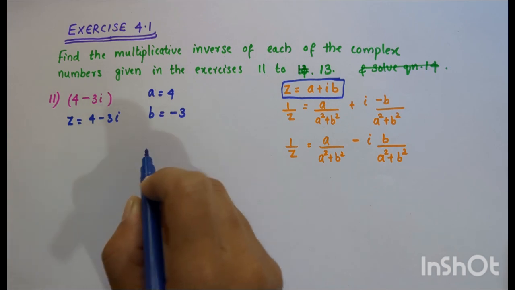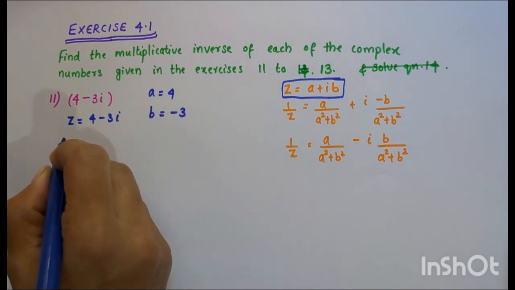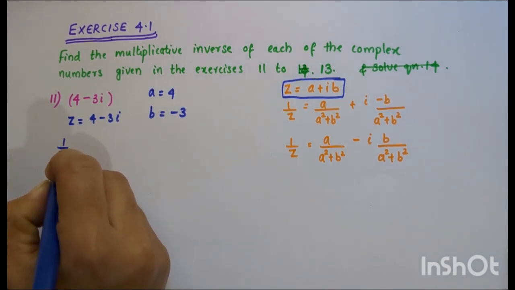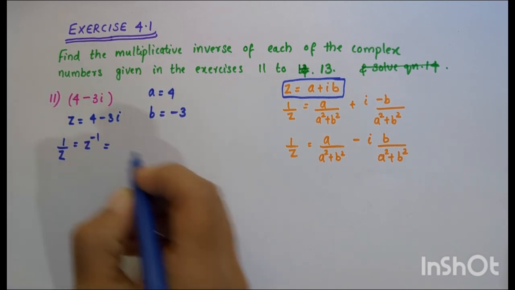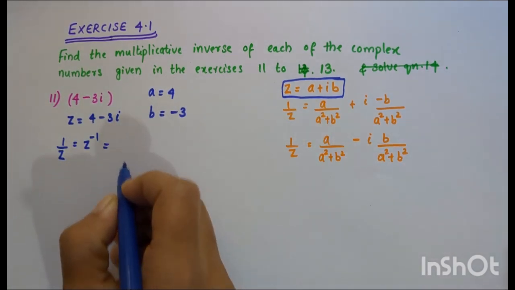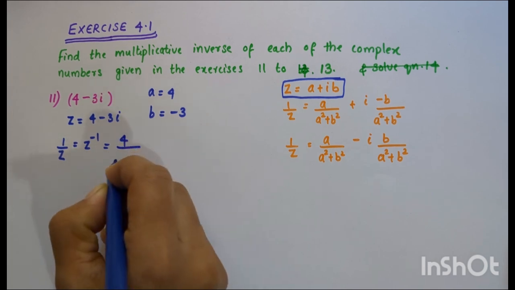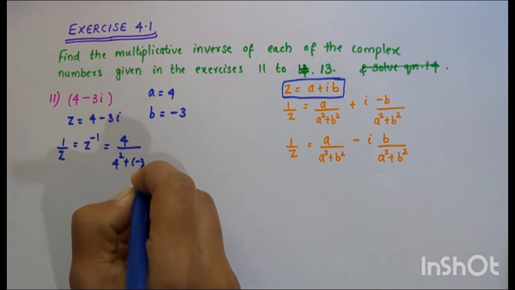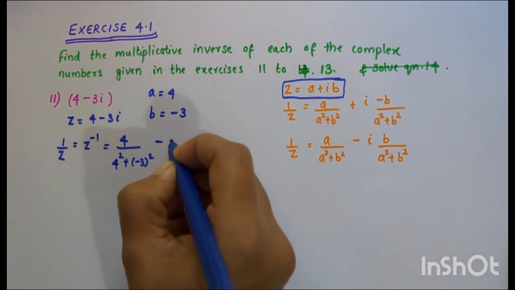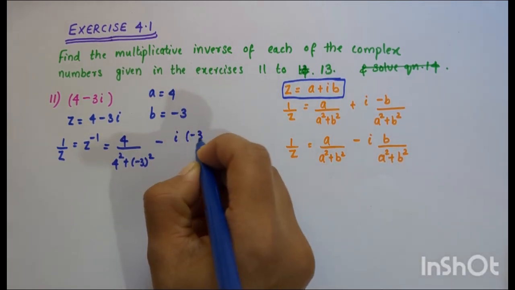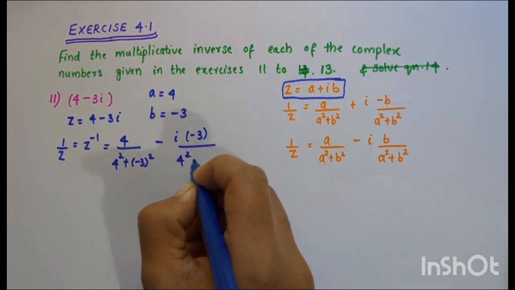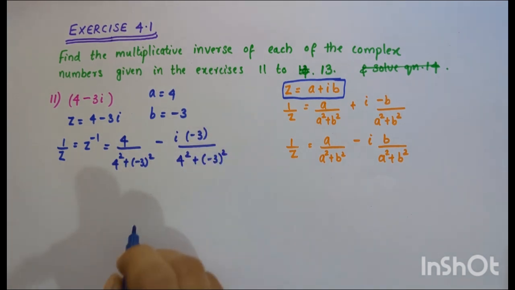The multiplicative inverse, which is 1 by z, can also be written as z inverse. That is equal to a by a square plus b square, so a is 4, by a square plus b square, minus i into b by a square plus b square, so b is minus 3 divided by a square plus b square.